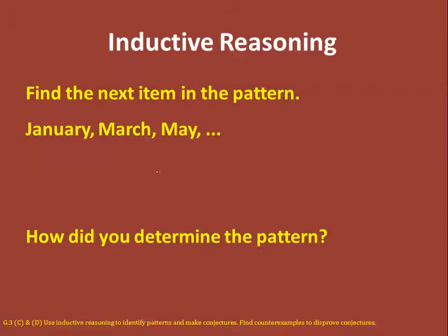I'm going to throw this out there that it could be June. I almost wrote July. So how did you determine that pattern? In my head when I was saying it, I'm so used to saying the months in order, it's kind of hard not to. So if you look, January, February, March, oh, I should have wrote July.